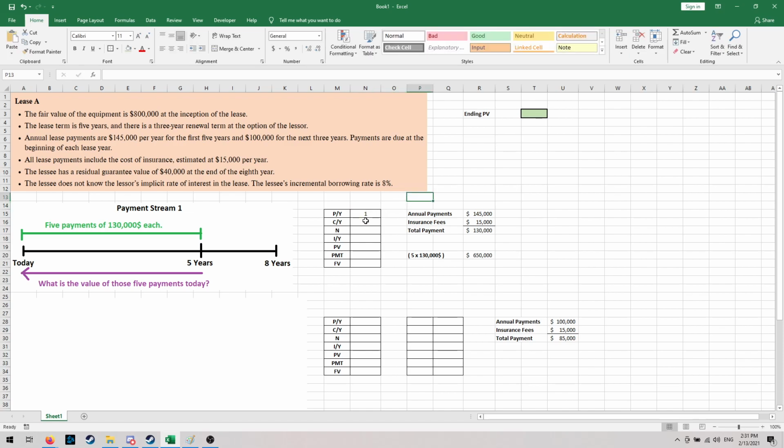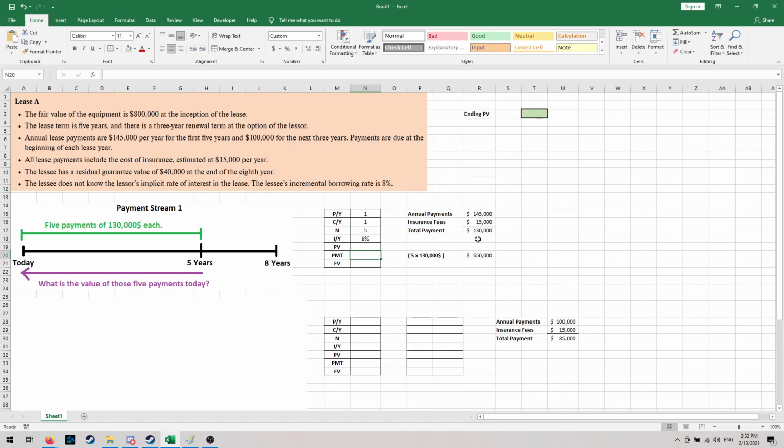So we're going to make one payment a year, and we're going to assume, since it doesn't mention compounding periods, that there's also one per year. Now, we're moving this back in time 5 years. So since there's one payment a year, and we're moving back 5 years, that means we have 5 total payments. We can see there's 8% interest per year, and each payment is going to be $130,000.